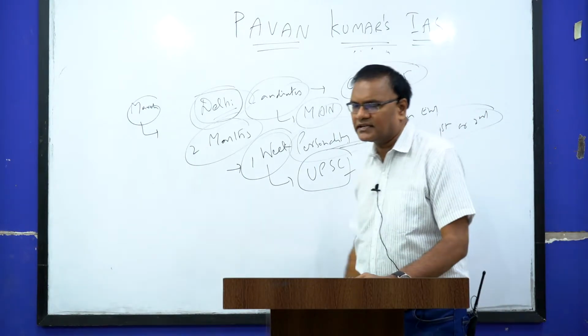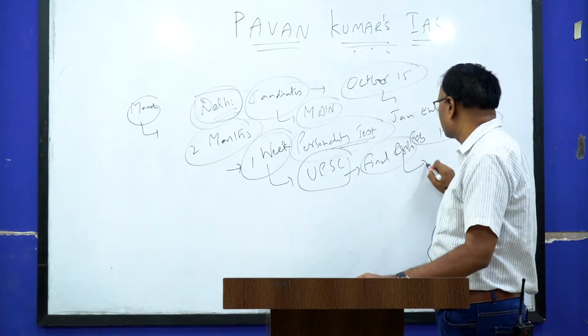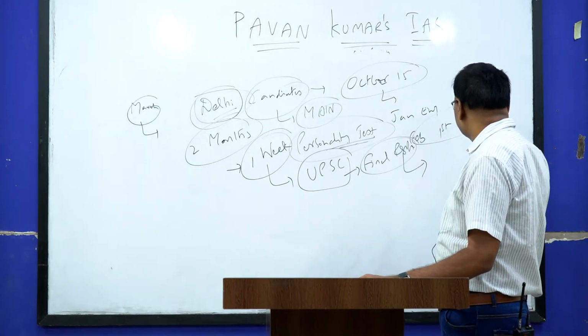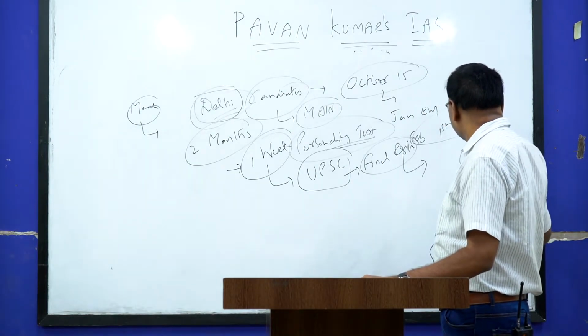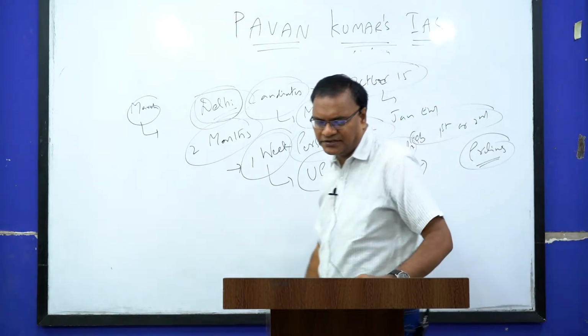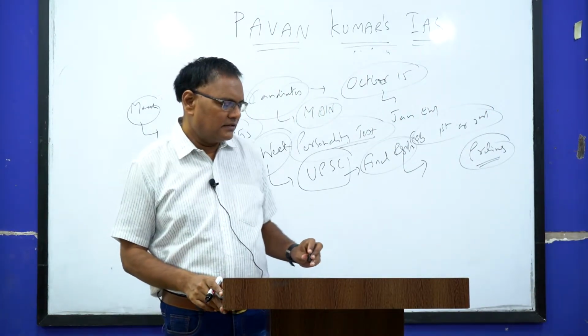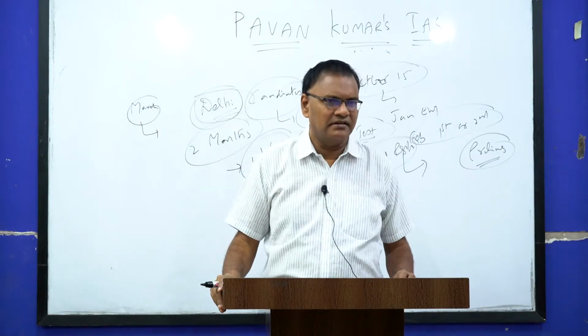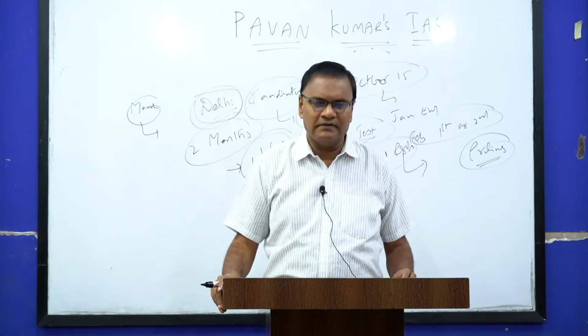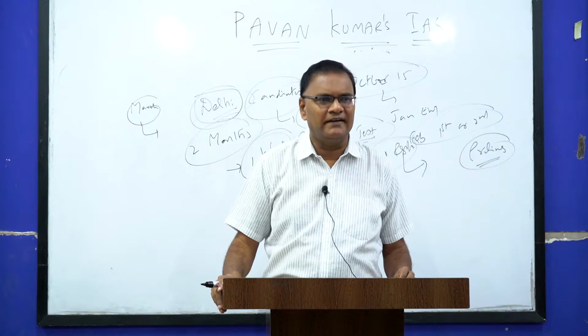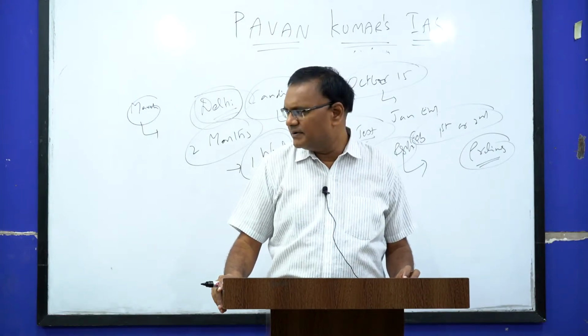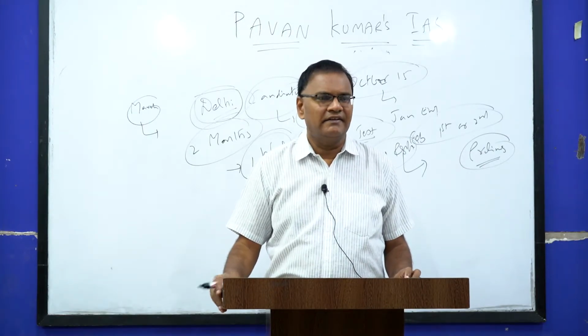And these final results are announced before the conduct of next year's preliminary examination. The gap between the declaration of final results of last year's examination and the conduct of this year's prelims examination can be very little. It can be as little as even 1 week.